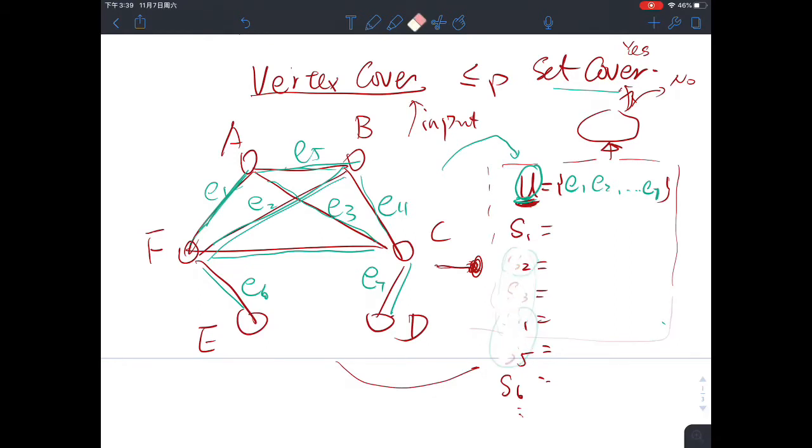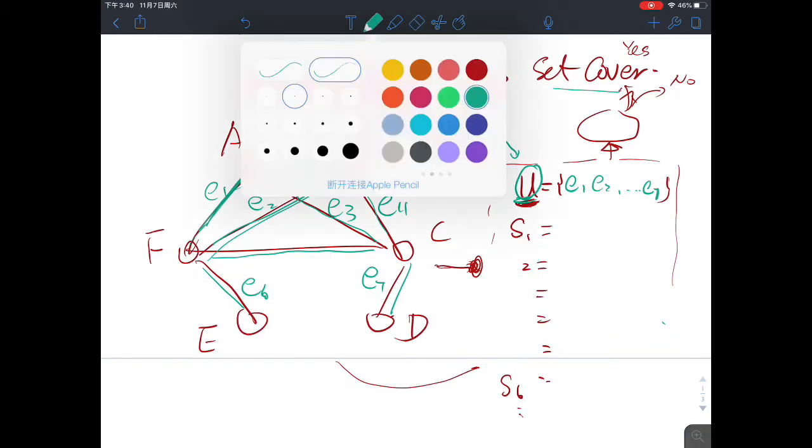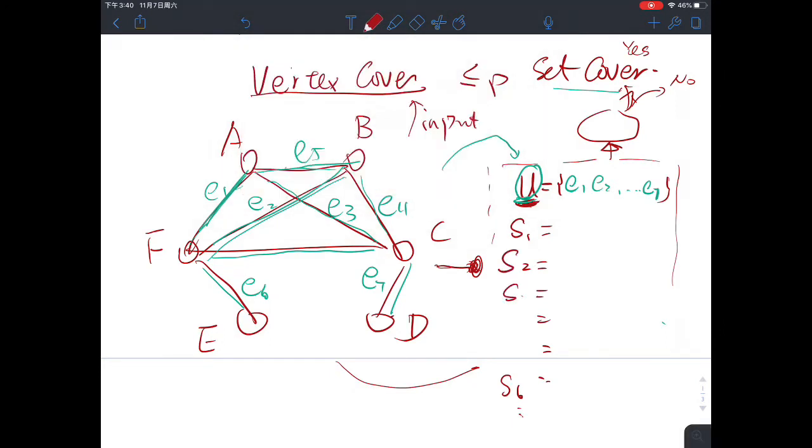This is the goal of set cover. In order to do that, it seems intuitive to map each set to a node in the graph. So maybe I can just label them as A, B, C, D, E, F, right?